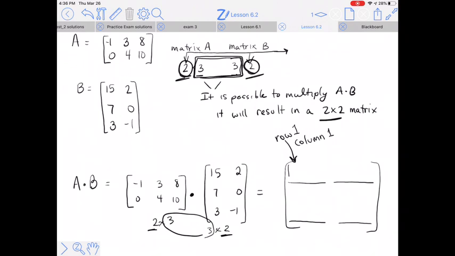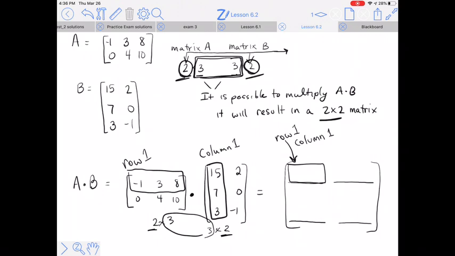To find the entry that goes here, I have to use row 1 from the first matrix and column 1 from the second matrix, and form what's called a linear combination.